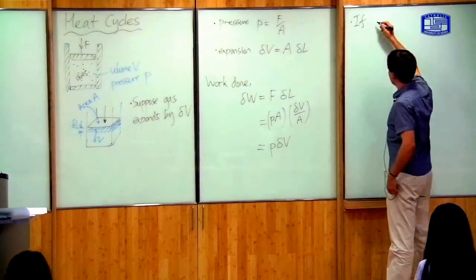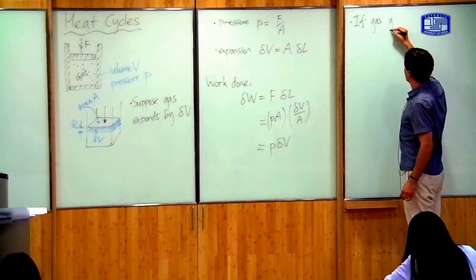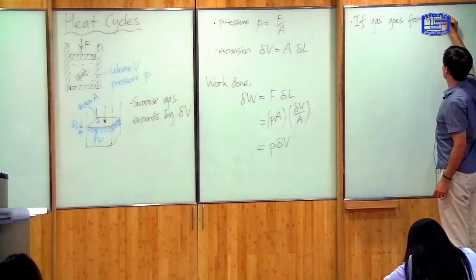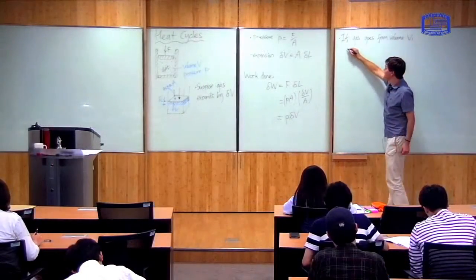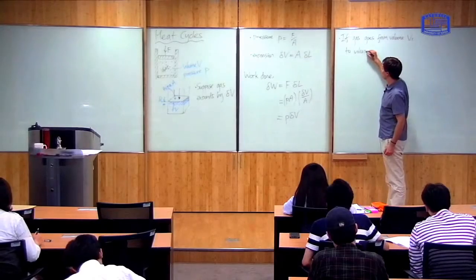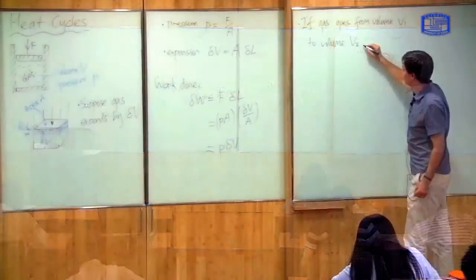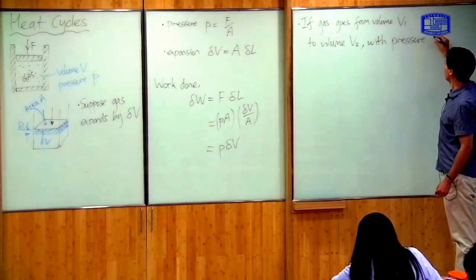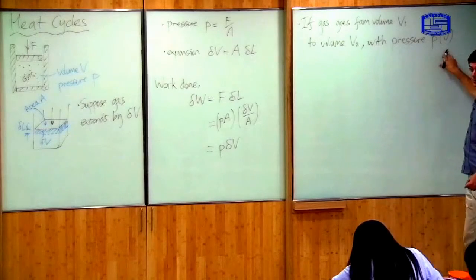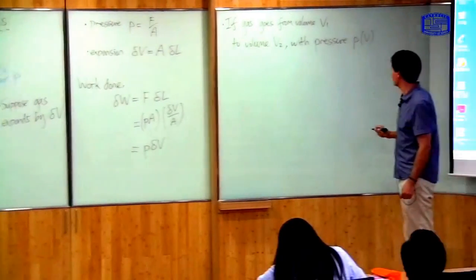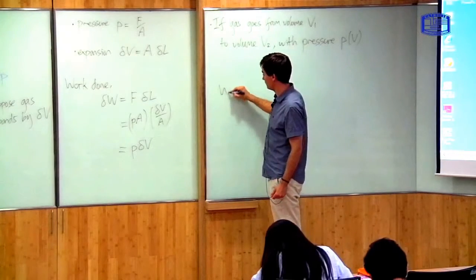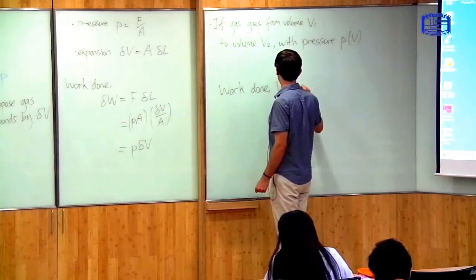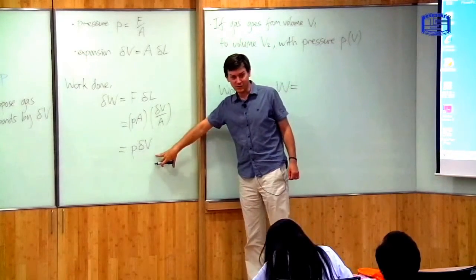So if the gas goes from volume V1 to volume V2 with the pressure P, which can depend upon the volume of the gas, in this case, then the work done W is given by the integral of these small amounts.